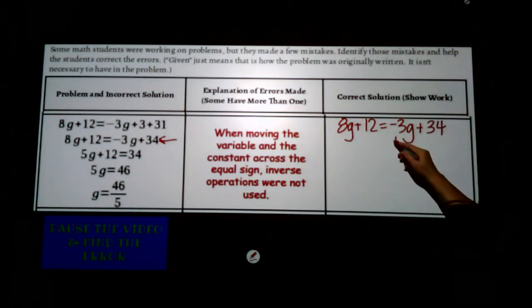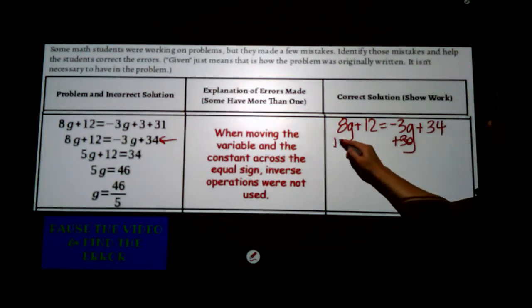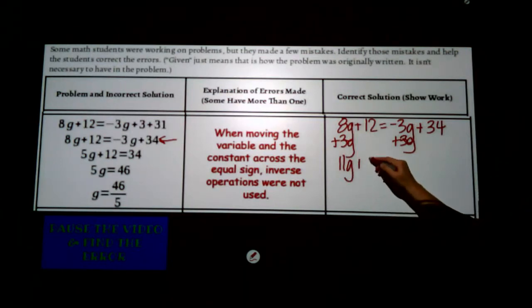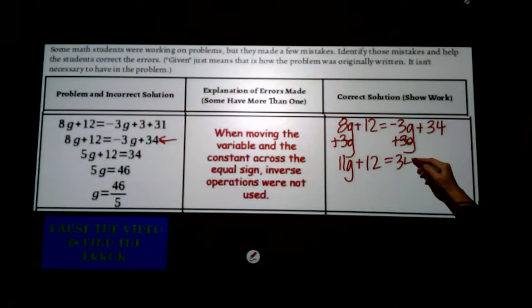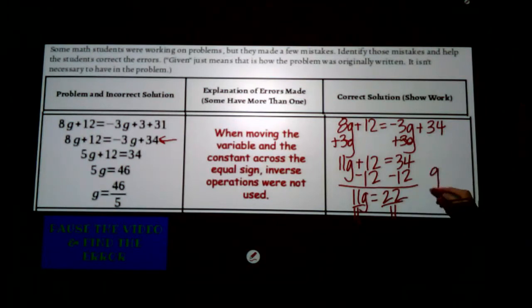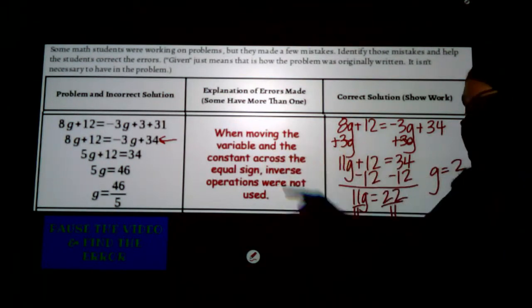All right, I'm going to add 3g. 8g plus 3g is 11g. And then I'm going to subtract 12. Remember, we're doing inverse operations. So 11g equals 22. Divide by 11. So g equals 2. Definitely not 46 fifths.